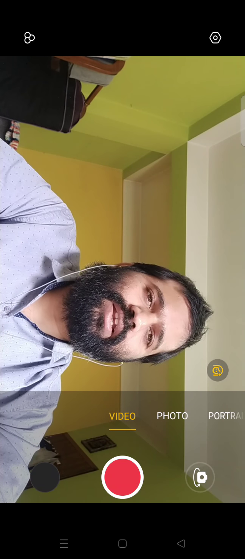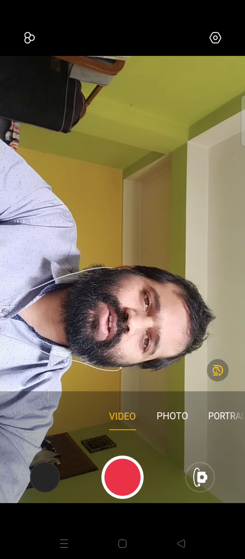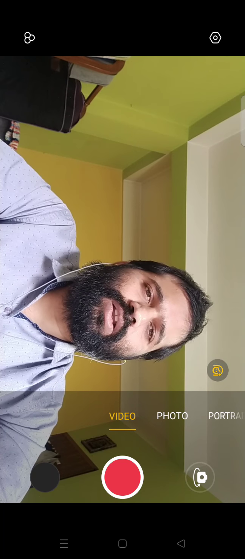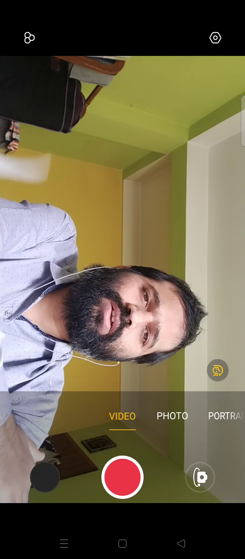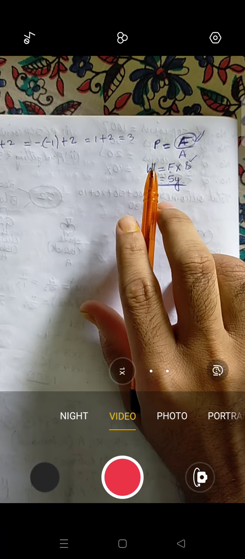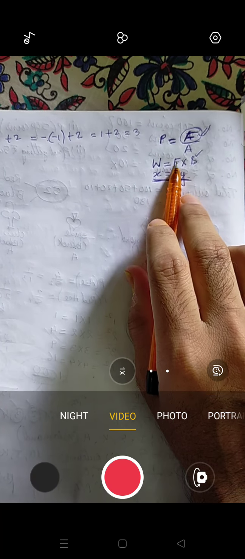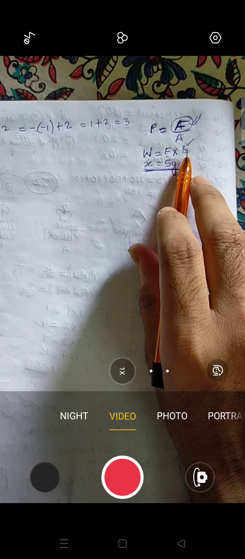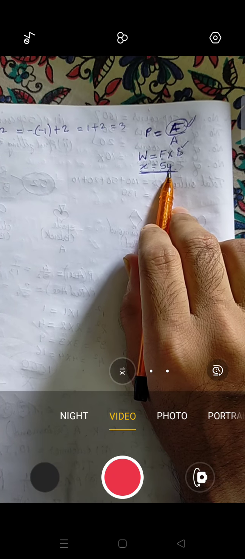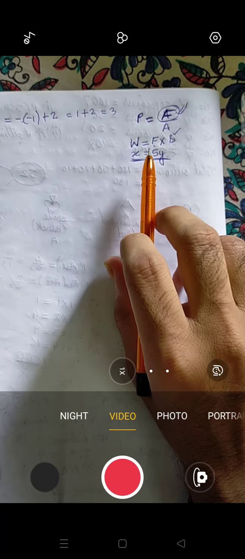We can write work equals force into displacement. Now we have taken work as x, force is 5, it is given in the question, and displacement is taken as y. So x is equal to 5y. This is the equation.